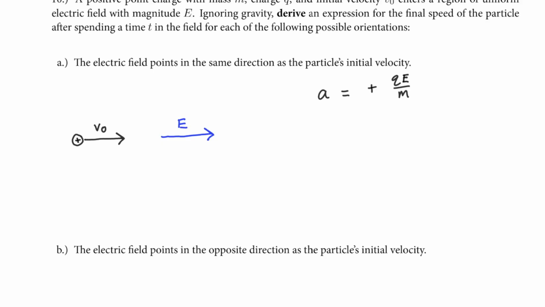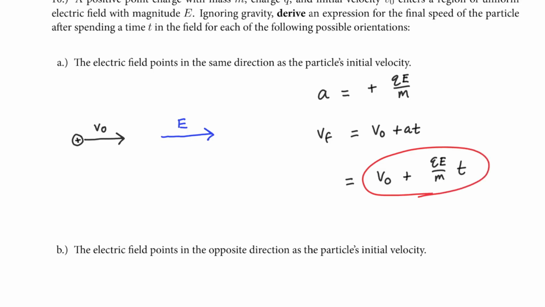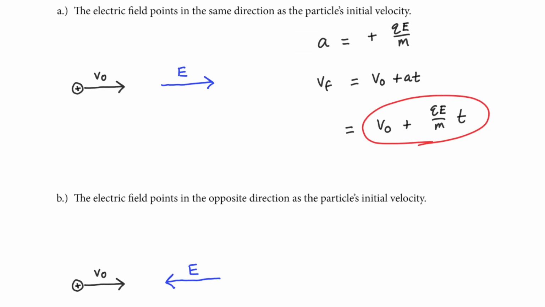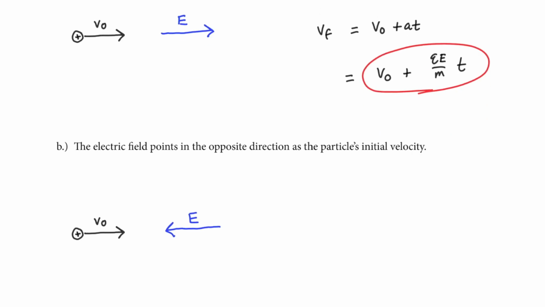So in each case, we'll use the kinematics equation vf equals v0 plus at. So our final velocity is just v0 plus qE over m times t. And notice this makes sense for this first case because my final velocity will be in the same direction, it's just larger. Second case, you can probably guess what's going to happen now.